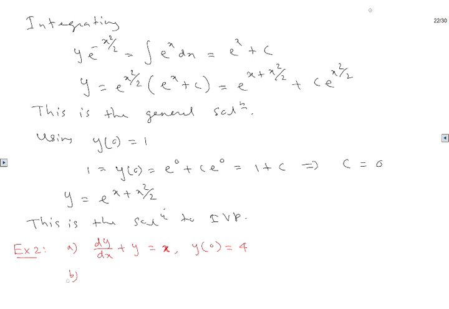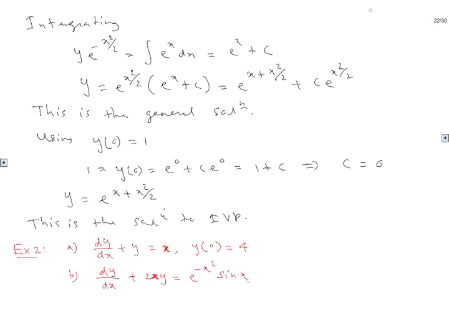B, how about this one? dy over dx plus 2xy equal e to the negative x squared sine x. Okay, so try them, and the solutions to those problems will be in the description of the video.